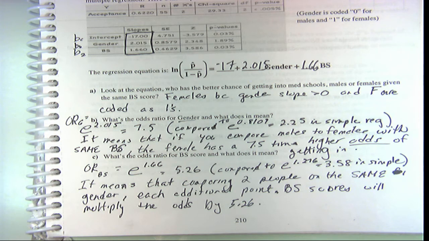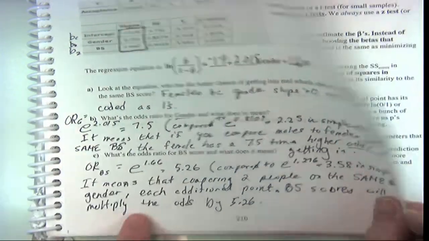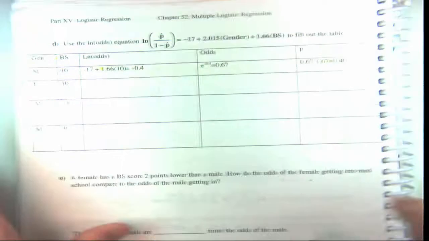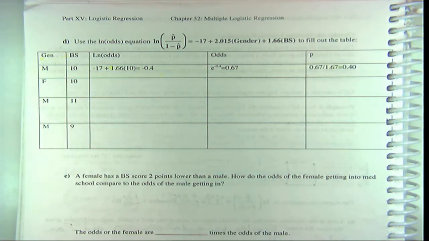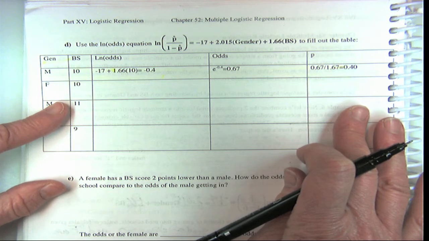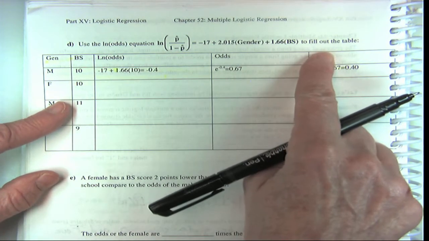All right, so let's do some problems here. Let's see if we might be able to get to the last chapter, but probably not, which means I'm going to have to delay your homework because of all the technical difficulties we had. But let's do this part right here, and let's just look at this. And this we've already done before. So here, we're going to use this log odds equation.